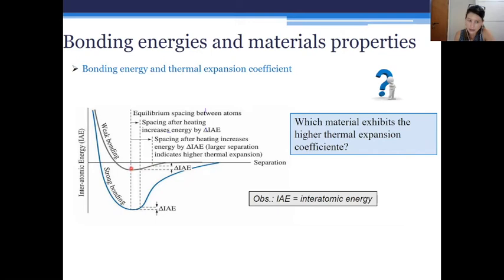So I add the given energy to the bonding energy, and I see what the interatomic distance between these atoms is now.